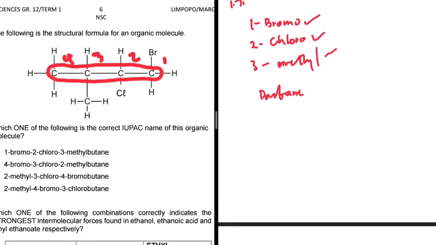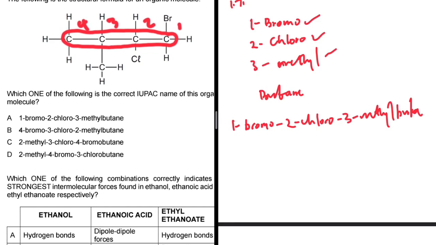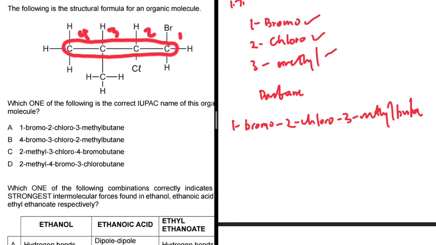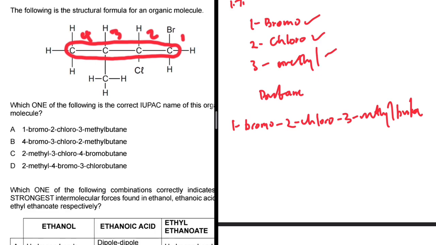So we're going to have 1-bromo-2-chloro-3-methylbutane. That is A. So the answer to 1.7 is A.